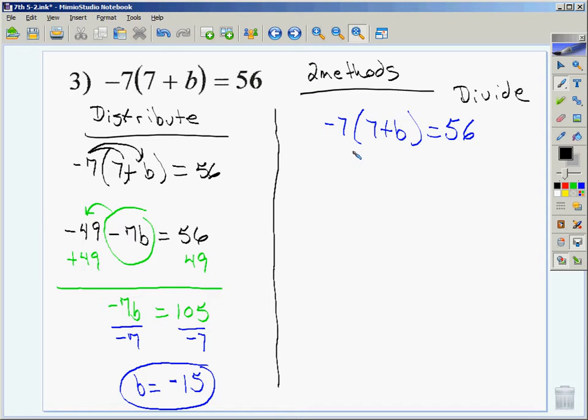So to get rid of multiplication, I could what? Divide. And if I divide both sides by a negative 7, what would happen with these negative 7s? They'd cancel out and just leave me 7 plus b. And 56 divided by a negative 7 would be a negative 8.